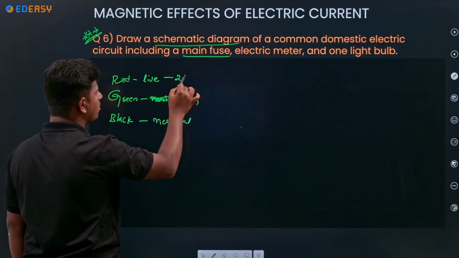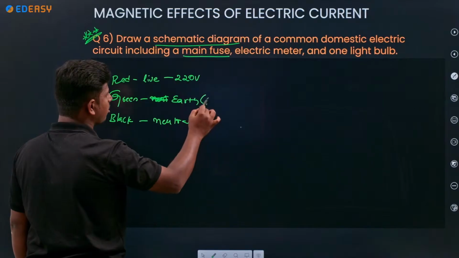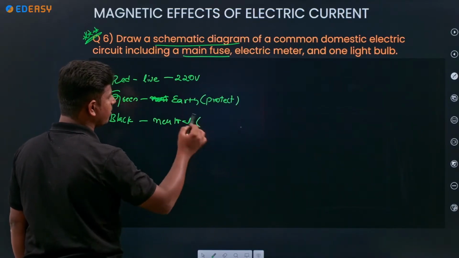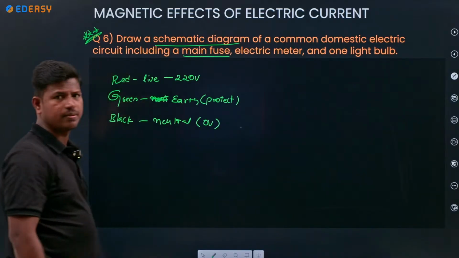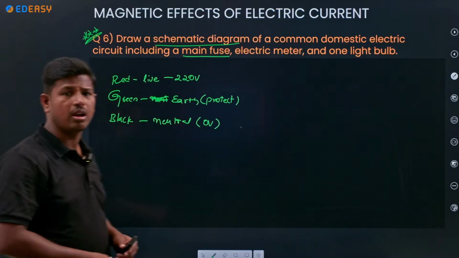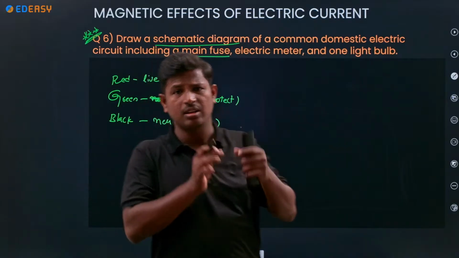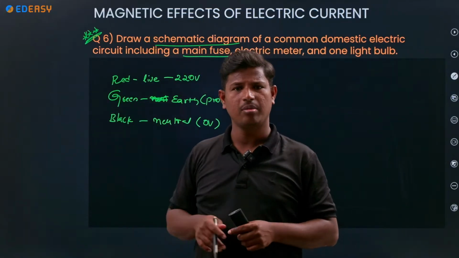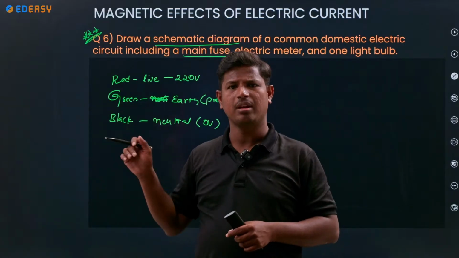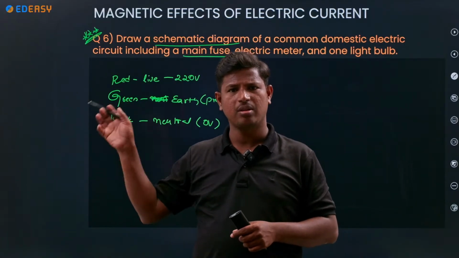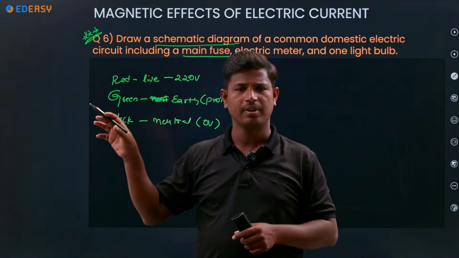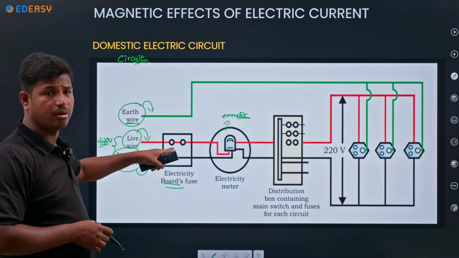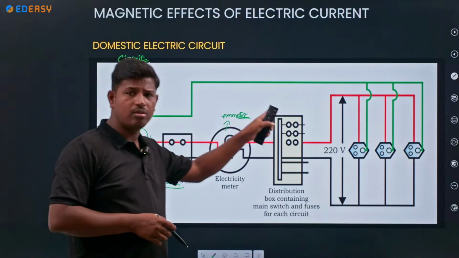Live wire 220 volts, earth protection, neutral wire 0 voltage. That's it. In the diagram you have to draw where you are getting the 220 volts: from the pole to the main board, to the ammeter, ammeter to the main board. Okay, look at the diagram. Board, ammeter to distributing.